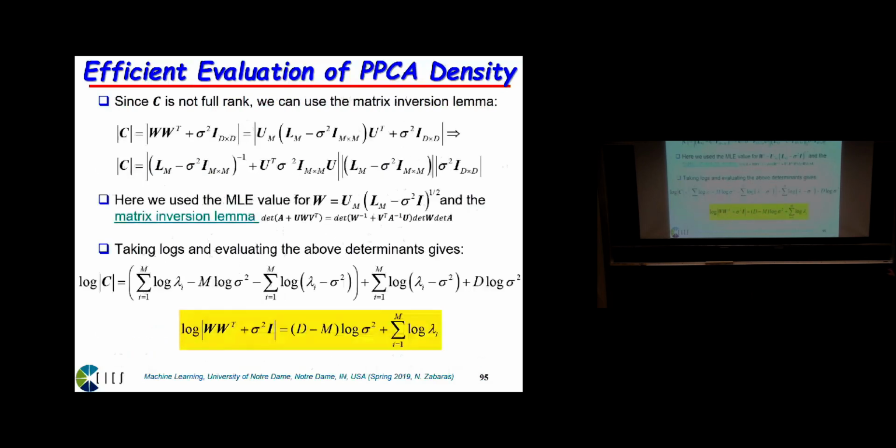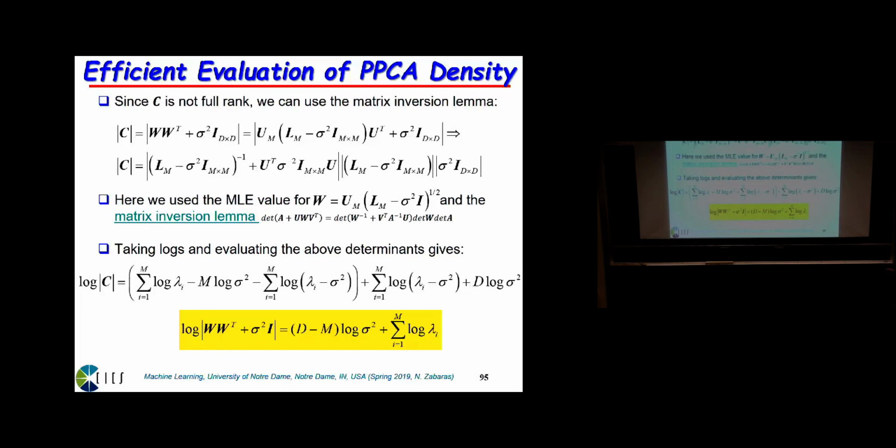So for the determinant of C, you actually have to use the matrix inversion lemma. This is part of the Woodbury formula type of calculations that we have seen before. If you want to calculate the determinant of A plus U W V transpose, you can write it with this nice formula here. It's the determinant lemma, basically.